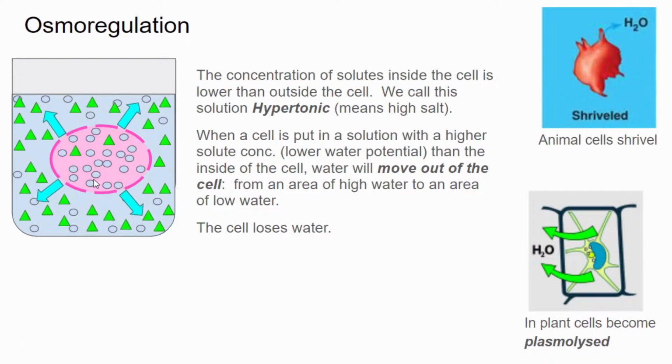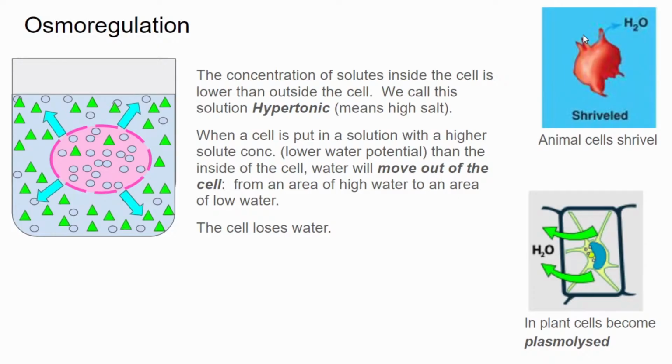So there is a high water potential inside the cell and a lower water potential outside the cell. And we know with osmosis that water will move from an area of high water potential inside the cell to an area of low water potential outside the cell. So our cell is going to lose water. It's going to become dehydrated.